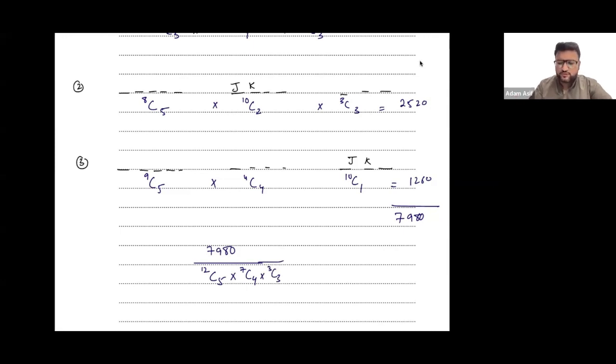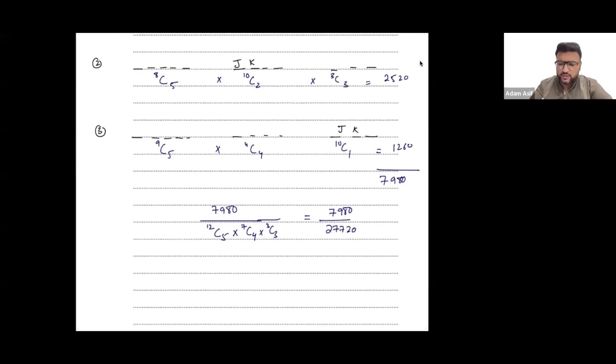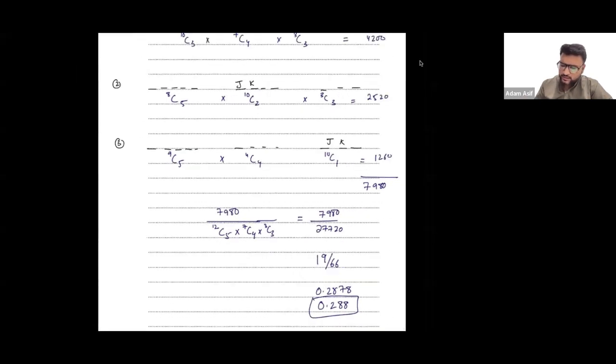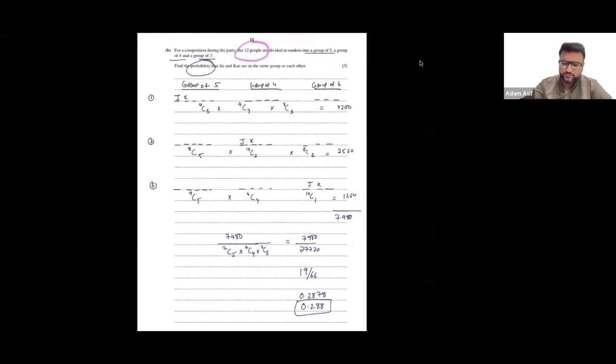So 12C5 times 7C4 is 27,720 possible combinations. So the probability that J and K are going to be in the same group is 7,980 divided by this value. So I'm going to get 19 upon 66, which in decimal is 0.2878, which is 0.288. That is the probability.